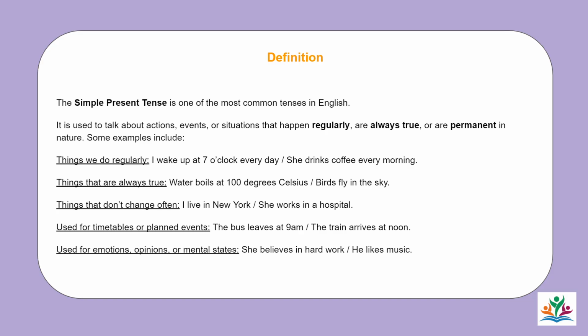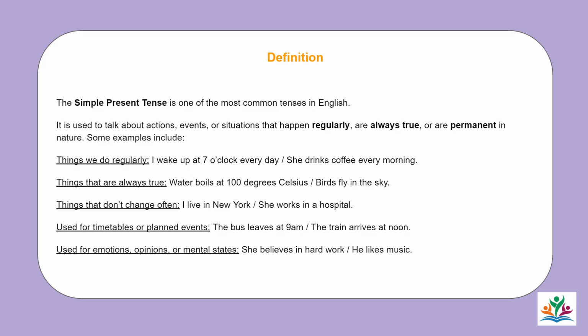So let's begin with a definition to understand what we mean by the simple present tense. The simple present tense is one of the most common tenses in English. It is basically used to talk about actions, events, or situations that happen regularly, are always true, or are permanent in nature.